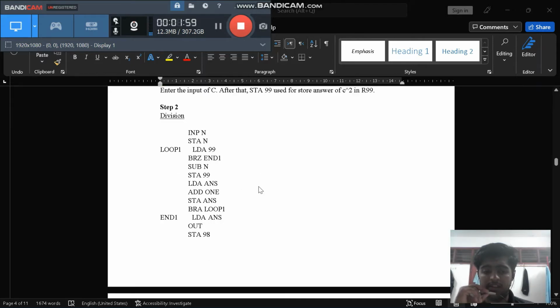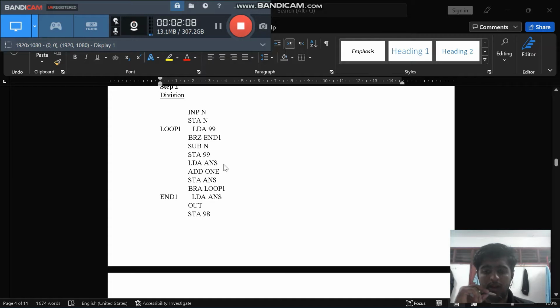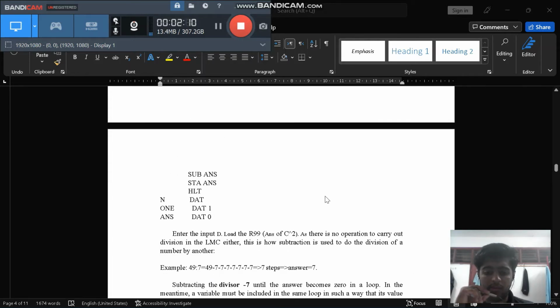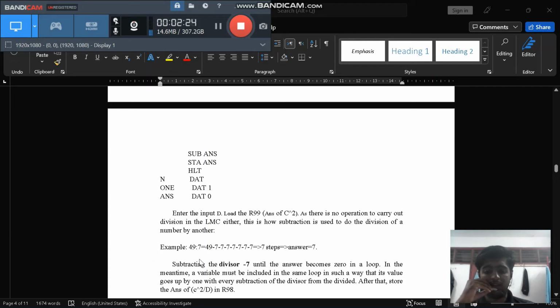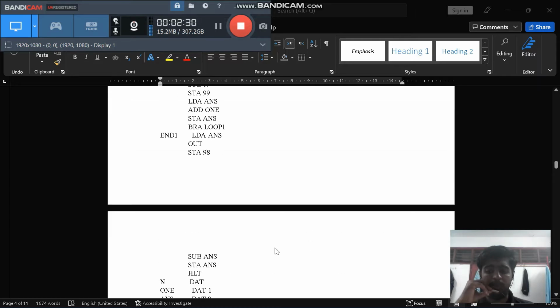Okay, the second step is the division, which is c squared divided by d. So here is the assembly code. We input the d value and load R99, so we take the 49 value and divide it by 7, where it is subtracted by 7 by looping.